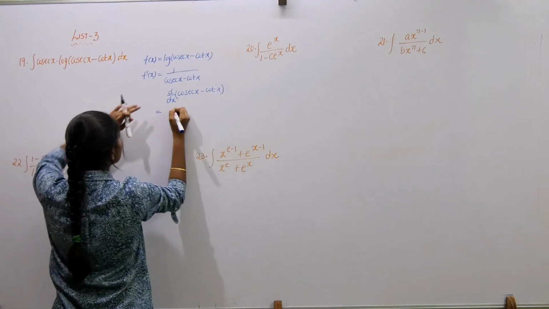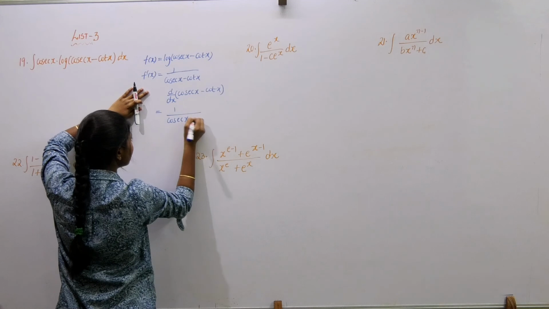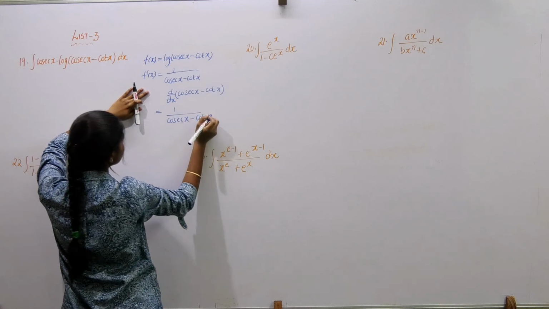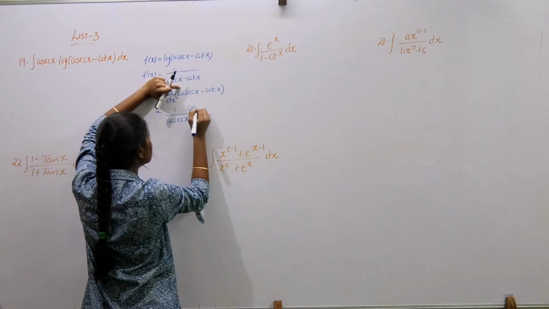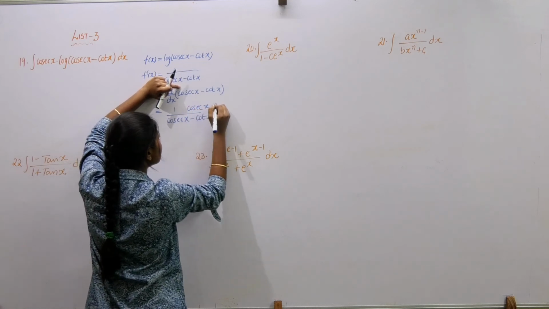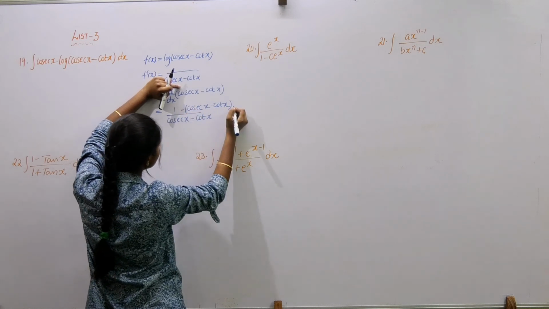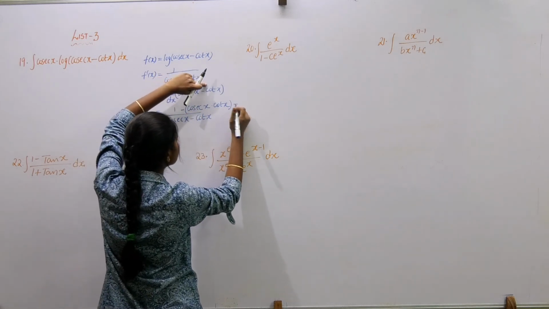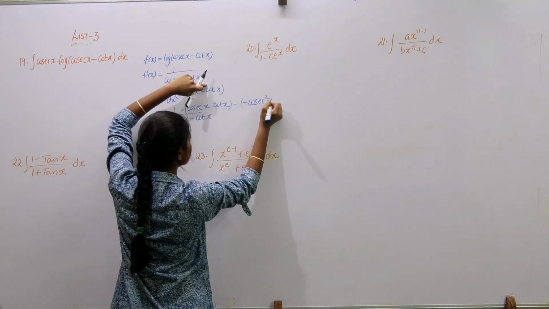It is equal to 1 by cosecant x minus cot x, and d by dx of cosecant x is minus cosecant x into cot x, minus of d by dx of cot x is minus minus cosecant square x.